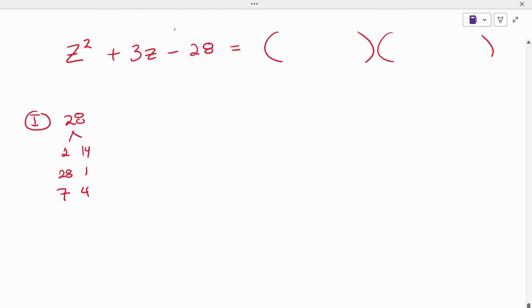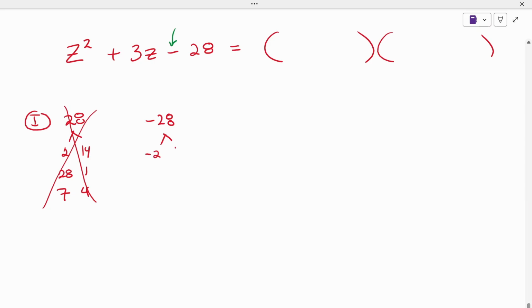What a student should note, however, is that in this instance, we're not dealing with a positive 28. We're actually dealing with a negative 28. So instead of having positive factors, because you're dealing with a negative 28, a 2 times 14 won't actually produce a negative 28.